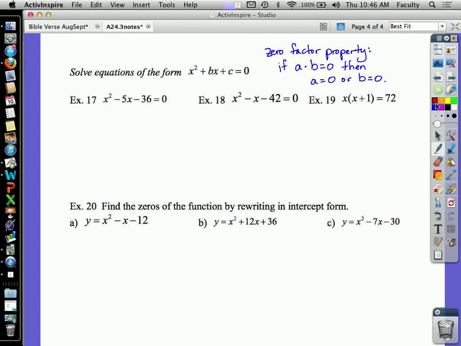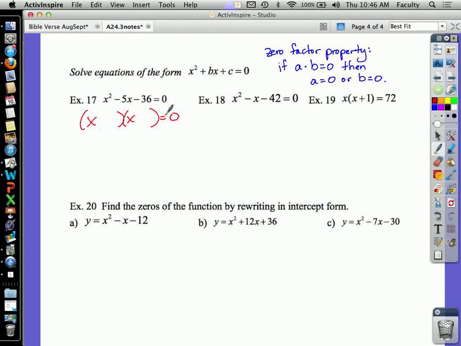So look at example 17. If I have x squared minus 5x minus 36 equals 0, okay, I have it equal to 0, but I don't have it factored. A times b implies that it's factored. So it's not a perfect square trinomial. Now, even though that 36 is 6 squared, do you see that x times 6 doubled would be 12x? So it's not a perfect square trinomial.